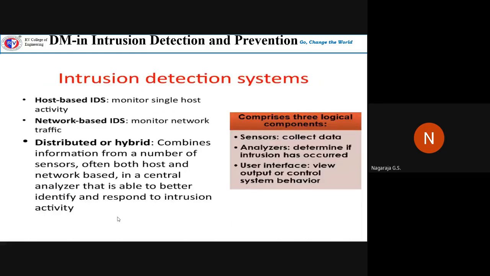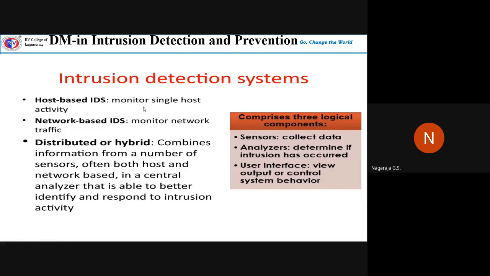Intrusion detection systems may happen at three levels. Basically, that's a host-based IDS, which monitors single host activity; it always relates to end systems. That's one thing. And secondly, network-based IDS, which monitors the network traffic. It happens at the application level, as and when you are accessing a particular service.